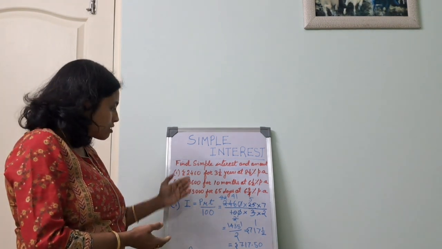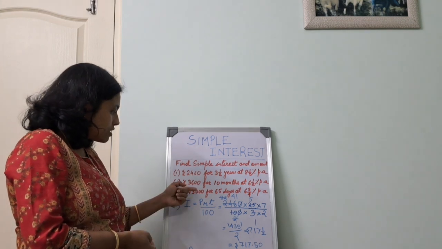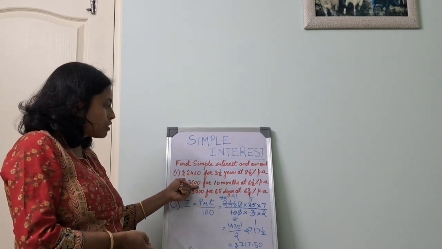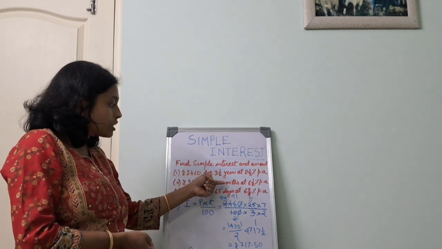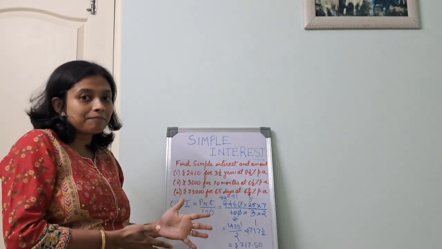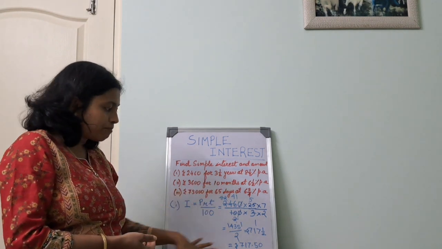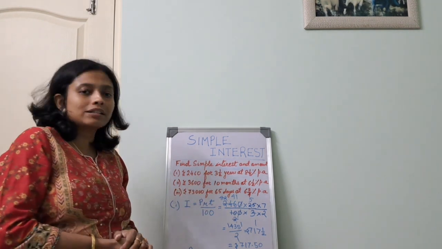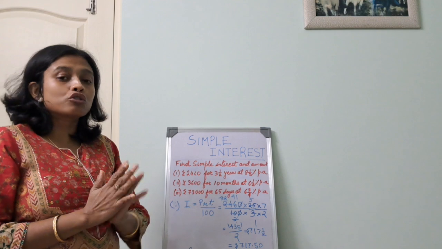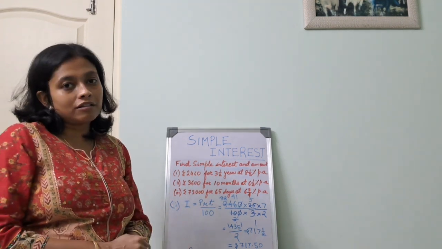Okay, so next we'll move on to the second one, which says 3600 is the principal for 10 months at 6.5% per annum. Now there's a small catch here. It's the same procedure, the only thing is 10 months. But you should always keep in mind that the time period has to be in years.